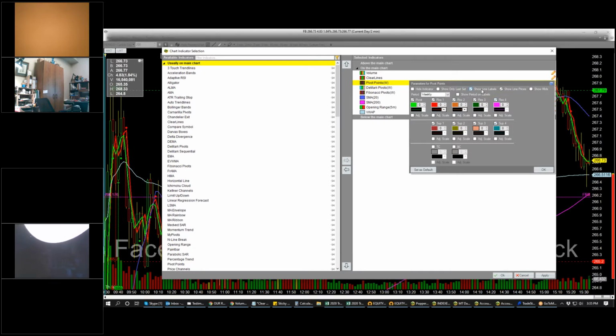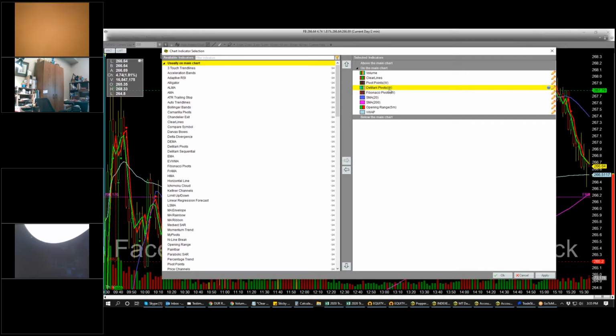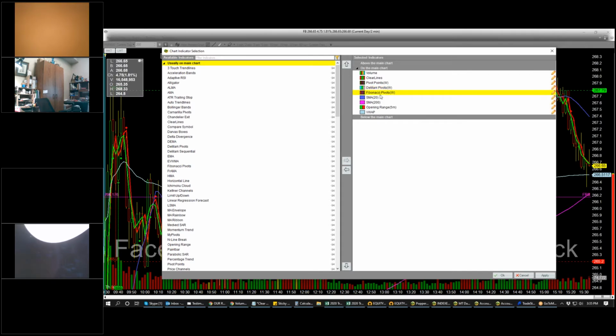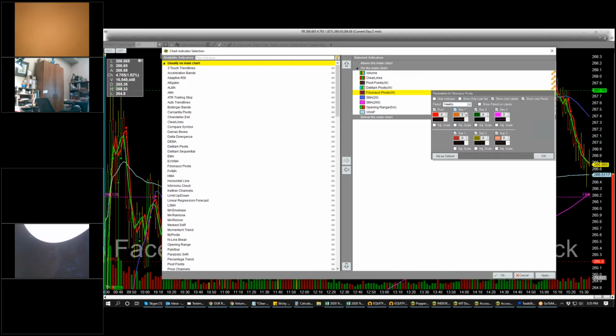And then I select show line labels, show line prices. So I want to see all 4 levels plus pivot point. On DeMark, I just have the 3: center, high, low, show lines, show line prices. And on Fibonacci, I have all 3 levels plus pivot: R1, R2, R3, S1, S2, S3, pivot, show line labels, show line prices.